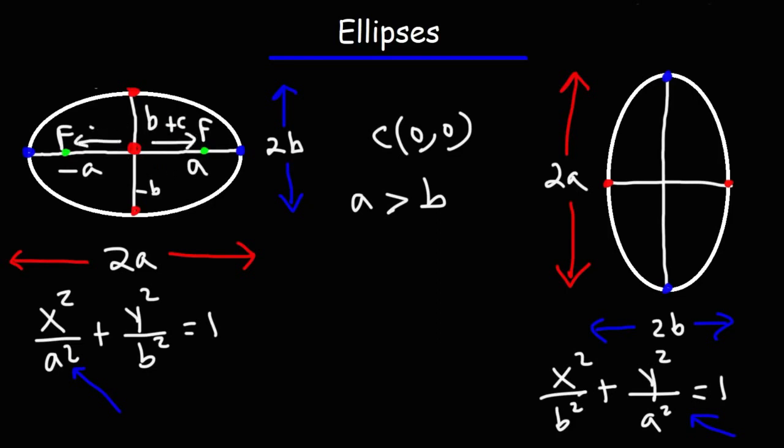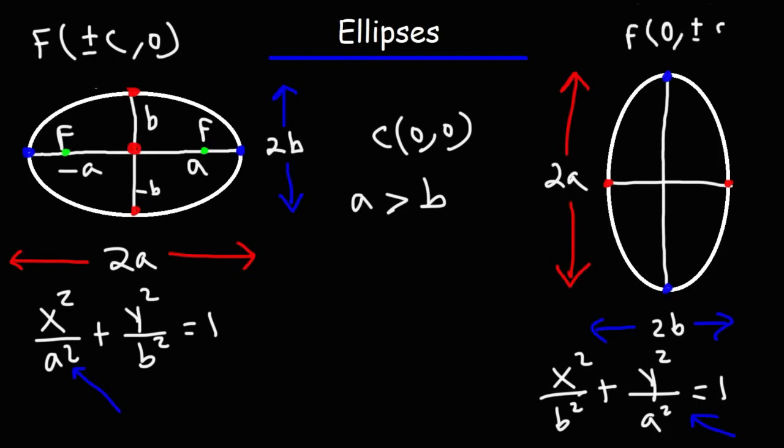If you subtract c, you'll get the focus on the left. So the coordinates for the foci are plus or minus c, 0 for the ellipse on the left side. For the ellipse on the right side, it's 0, plus or minus c. So starting from the center, you need to go up c units and down c units. And that will give you the coordinates of the foci.